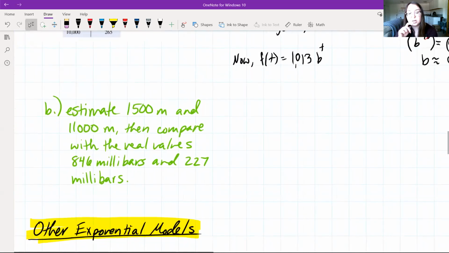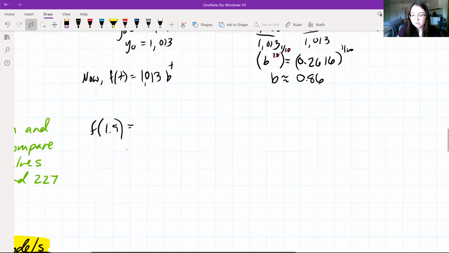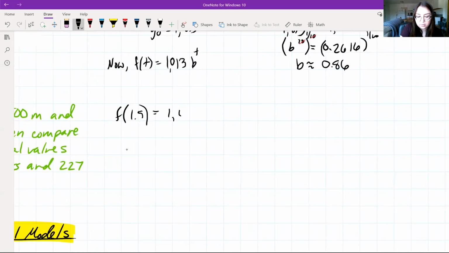So if we're using 1,500 meters, that's like saying 1.5. So we're going to do f of 1.5 is equal to our equation, which was 1,013 times 0.86 to the 1.5 power.